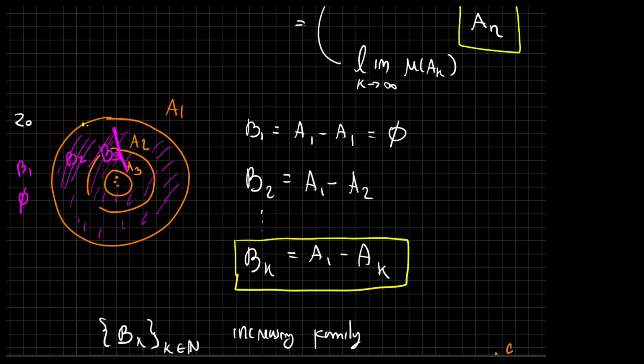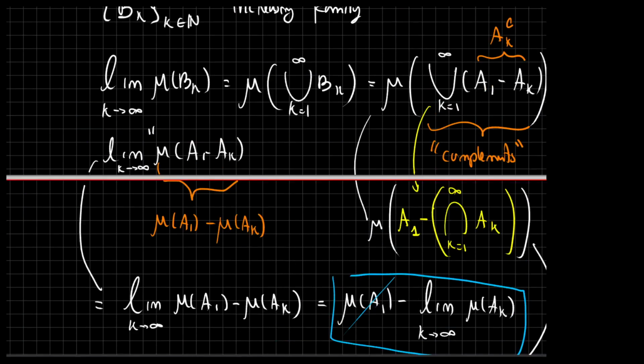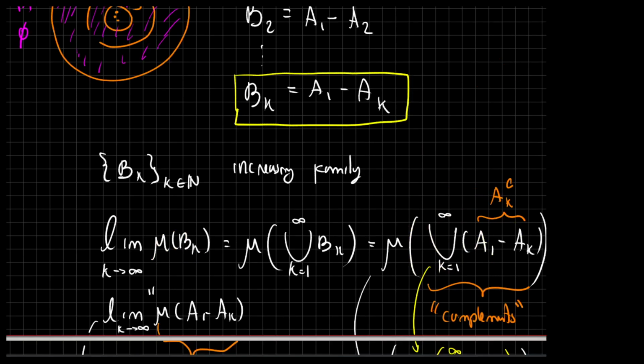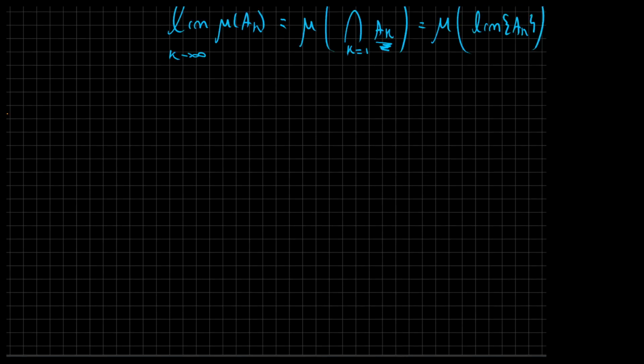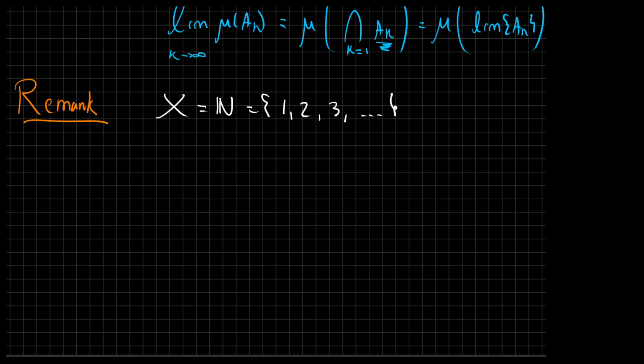So it was more complicated to prove, and we needed to use the previous part of the theorem. So to complete this lecture, we go with a final remark, and that is that suppose that our space, our X, is the natural numbers. So this is the set that starts with 1, 2, 3, and so on.